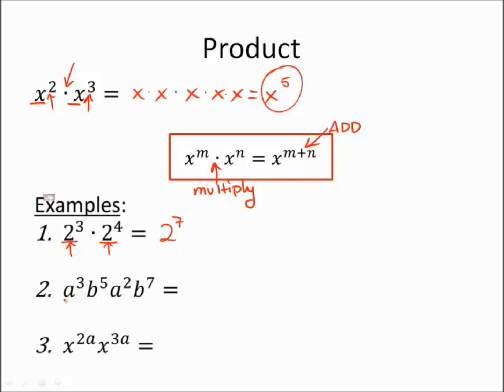Let's take a look at the next example. In the next example, we have different bases. Remember that when you have no symbols in between components, they are all multiplication. Multiplication can be written in any order.